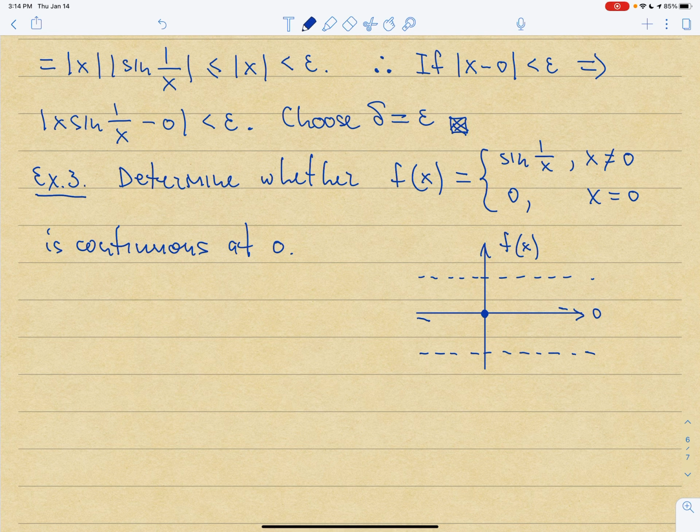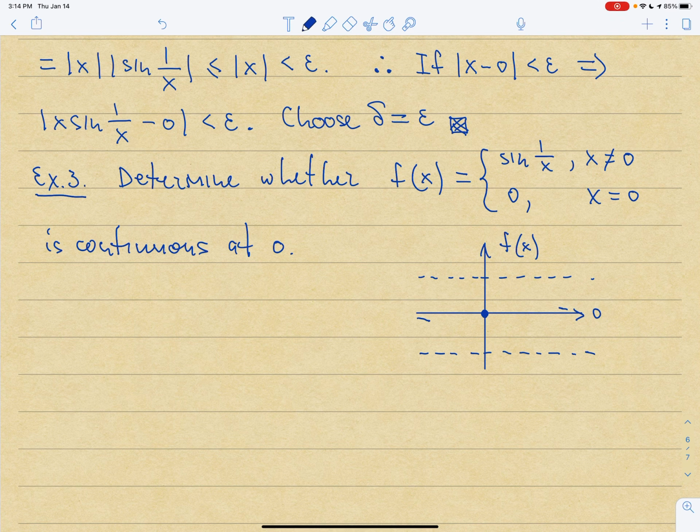Now, what happens to 1 over x as x approaches 0 from the positive side? Then 1 over x is going to go to positive infinity. And what happens to the sine of the argument that goes to infinity? It oscillates infinitely many times.